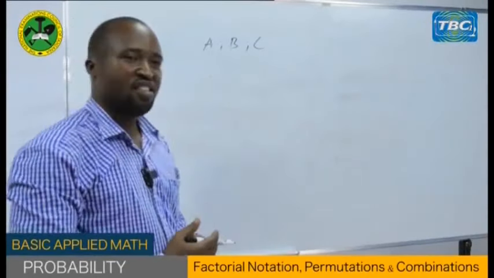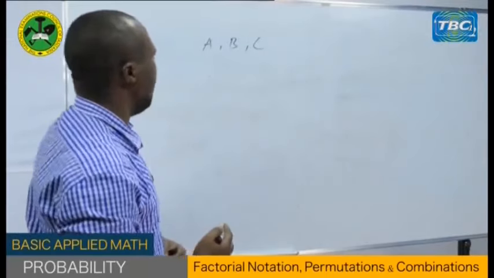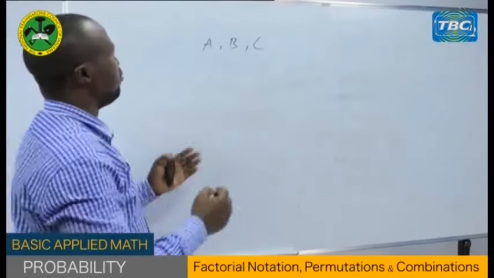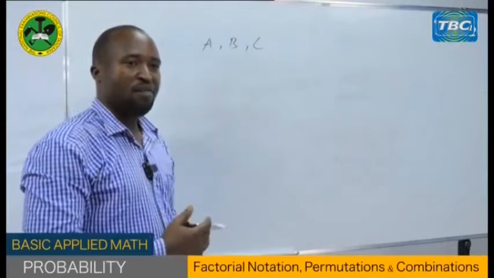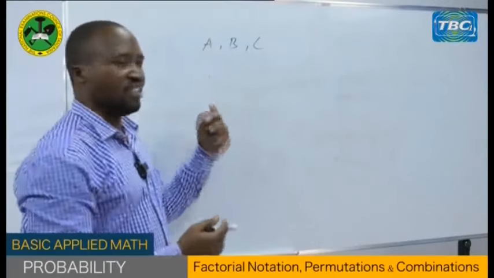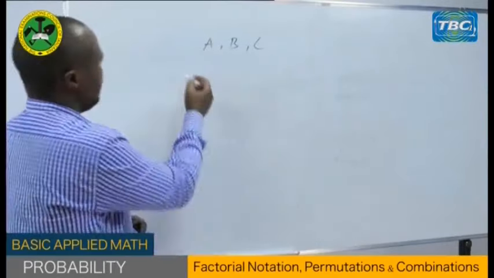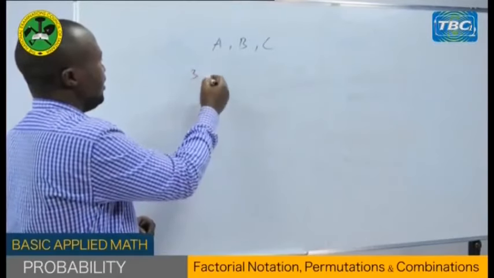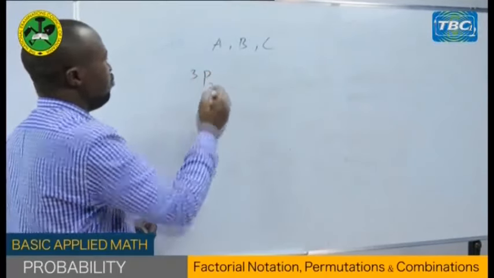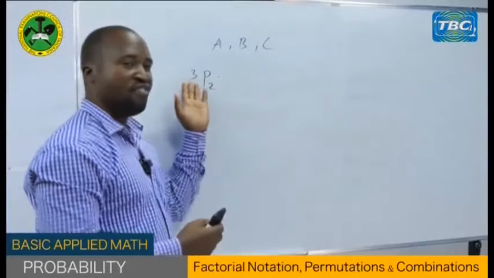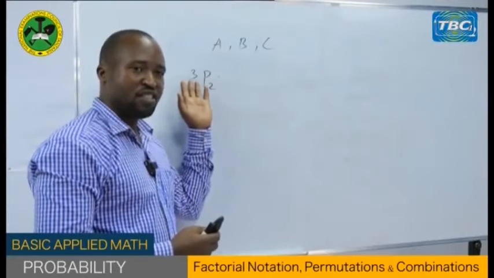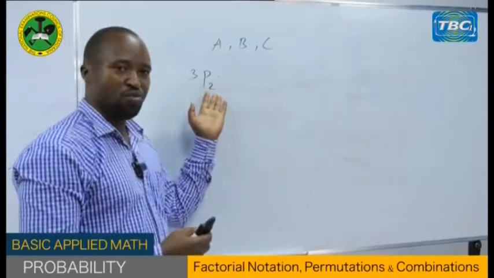For the case of permutation, if we want to choose only two pieces of marble out of three, we could say 3P2. Why? Because we are having three marbles and we want to choose only two.